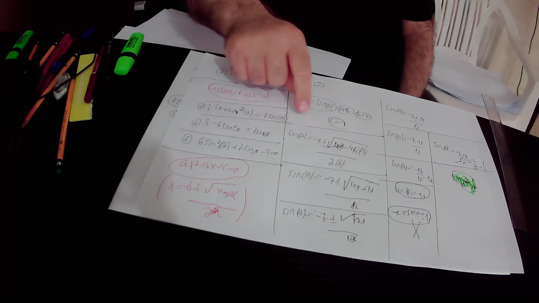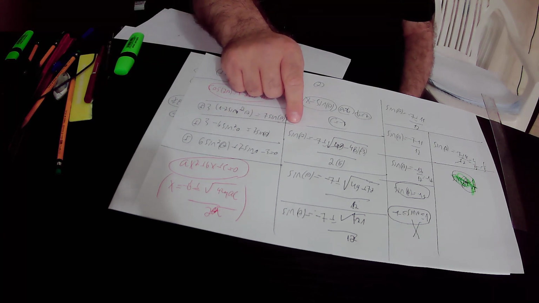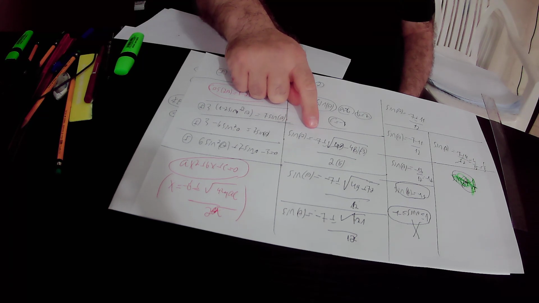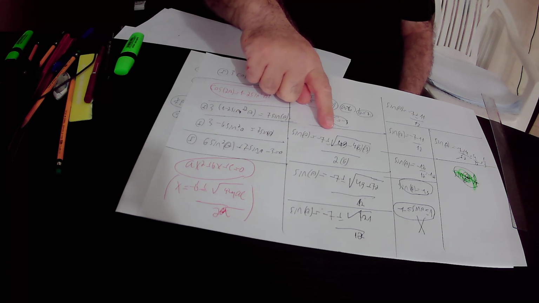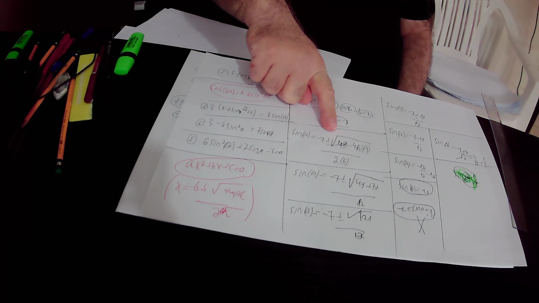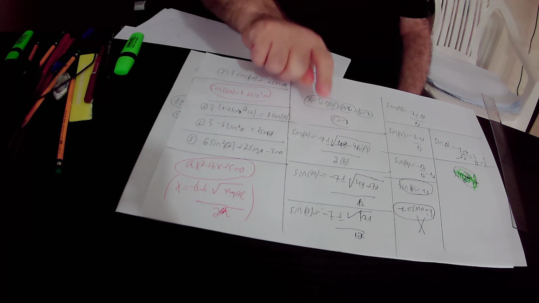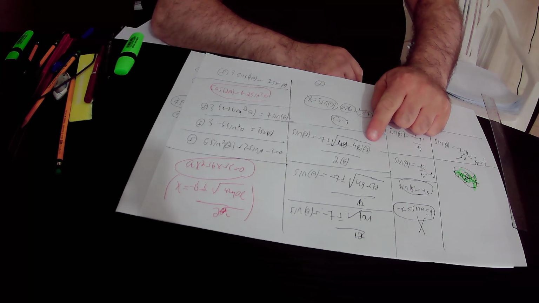So sine theta equals minus b, and b equals 7, so minus b is minus 7, plus or minus the square root of b squared minus 4ac, over 2a. So b is 7, so b squared is 7 squared, which is 49, minus 4 times a times c. A is 6, so it is minus 4 times 6, times minus 3. Minus 4 times 6 is minus 24, and minus 24 times minus 3 is 72.